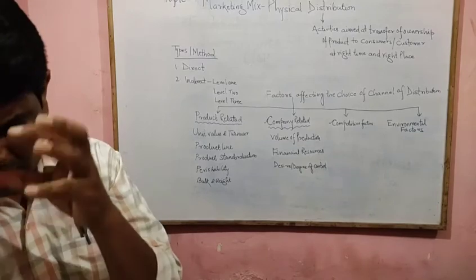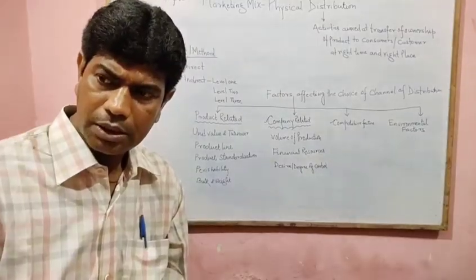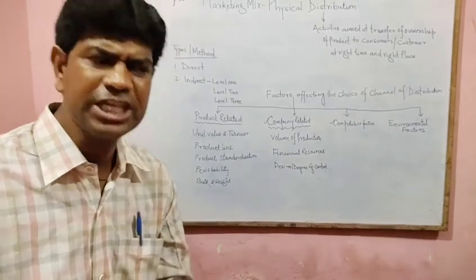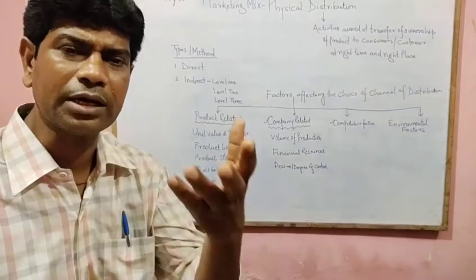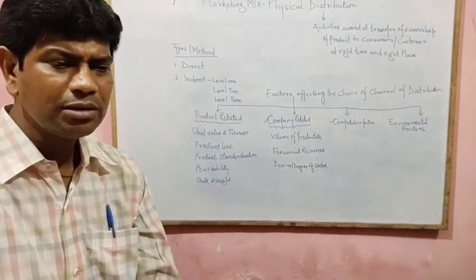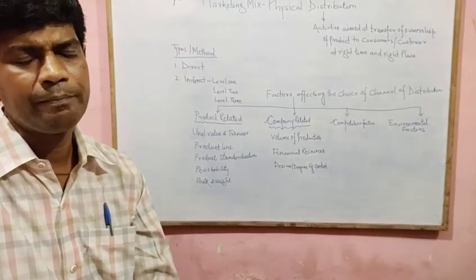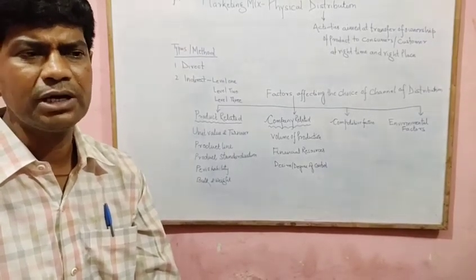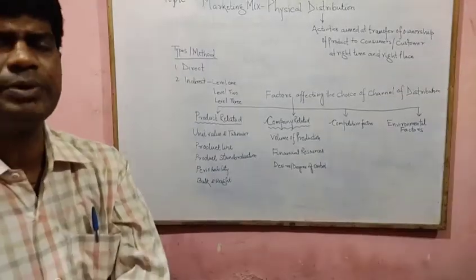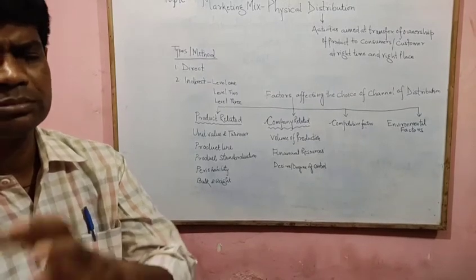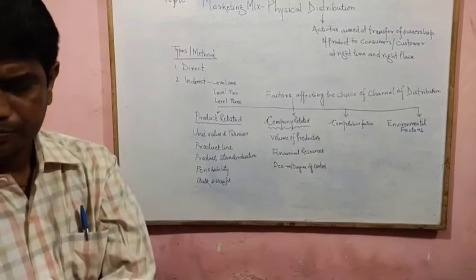Then another market factor is the size of order. If a customer buys in a small quantity, it can be sold directly. But where a customer usually prefers a variety of goods in small quantities, then for such varieties we can maintain a middleman, or there can be a sales force.